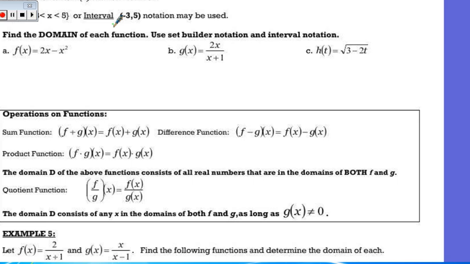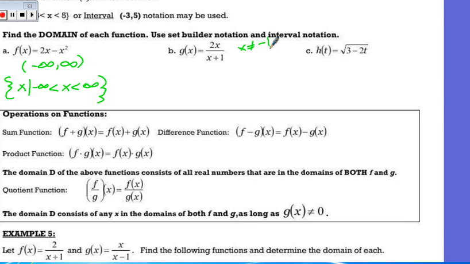When I look at A here, I don't see any denominators and I don't see any radicals. Therefore, there are no domain restrictions. So the domain is going to be negative infinity to positive infinity, or in set builder, x where x is greater than negative infinity and less than positive infinity. For B, however, x cannot be negative 1.